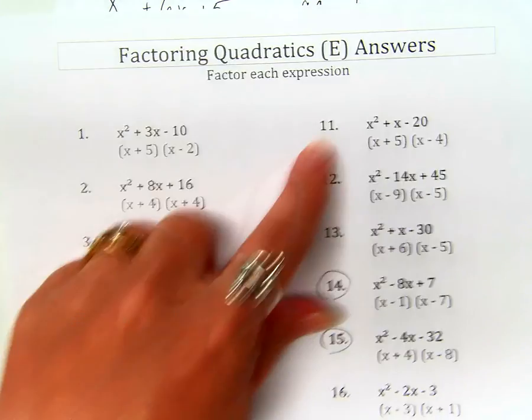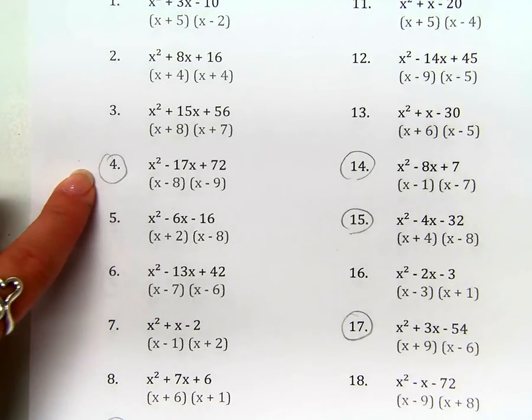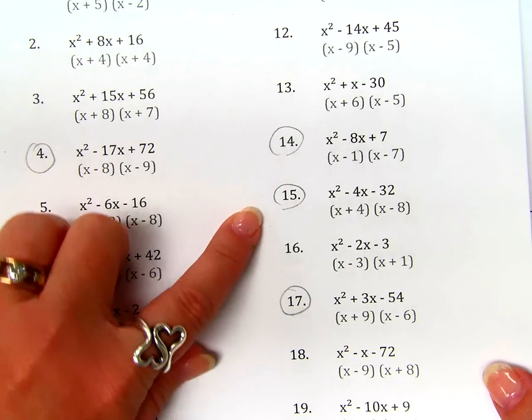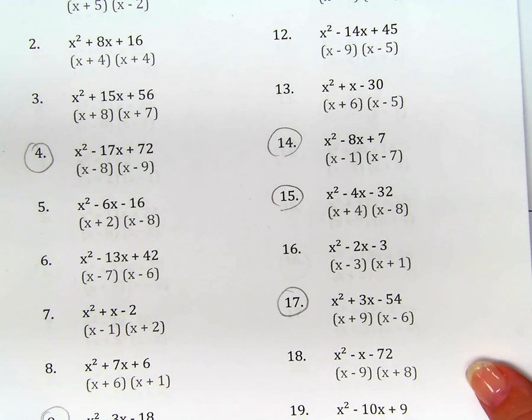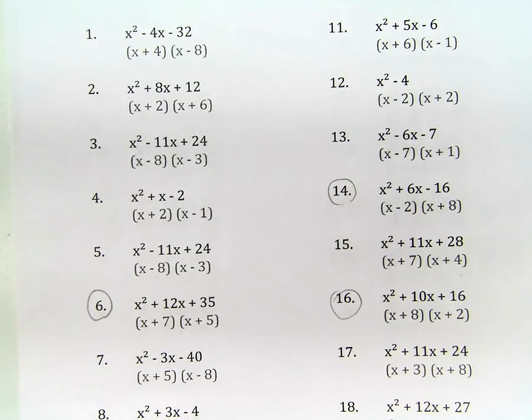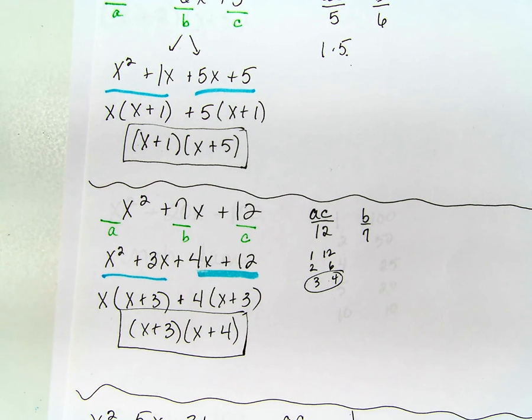And on side E, I want you to circle 4, 9, 14, 15, and 17. Okay, so on the first one, it starts with 6. That's the first one? Yes, side A. Yep, correct. Side A starts with 6. Okay? Any questions about that?